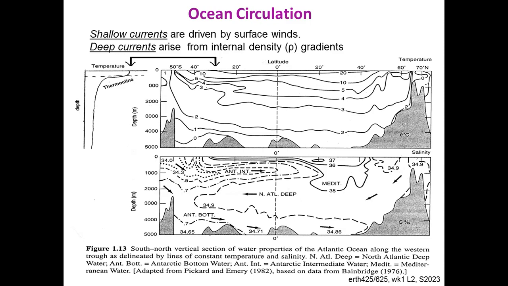In the surface waters, we have the competing effects of evaporation and precipitation, which causes variations in salt content in surface waters. But then at depth, we also have water that enters into the ocean from isolated basins. Those basins include things like the Mediterranean Sea and the Labrador Sea and the Caribbean Sea.